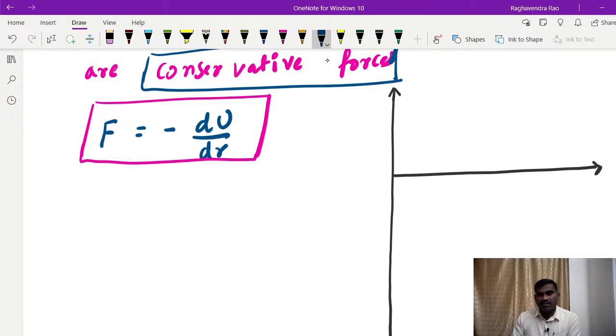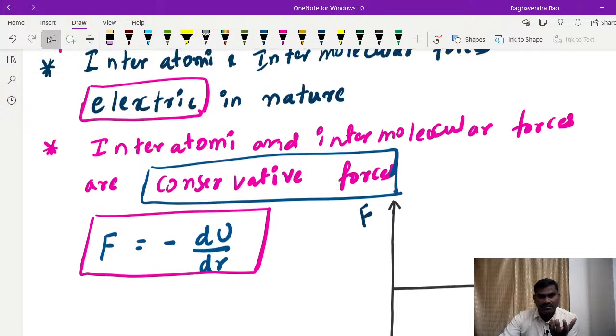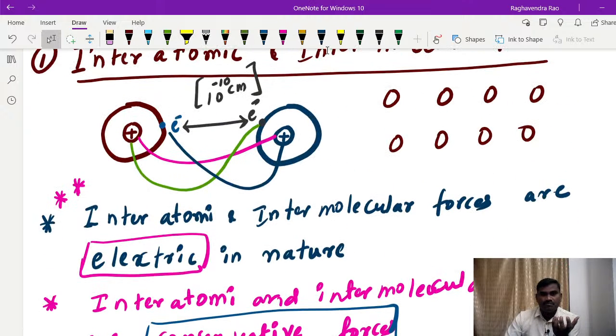This is the interatomic force F on the y-axis. The separation between the two atoms is R. If the separation between the two atoms is in the order of 10 power minus 10 meter, interatomic forces will act. Not centimeter, 10 power minus 10 meter.